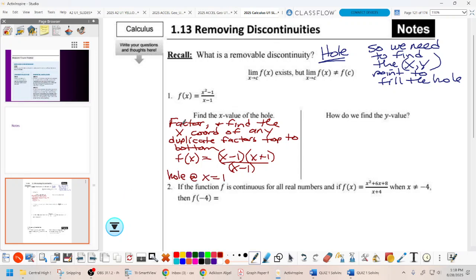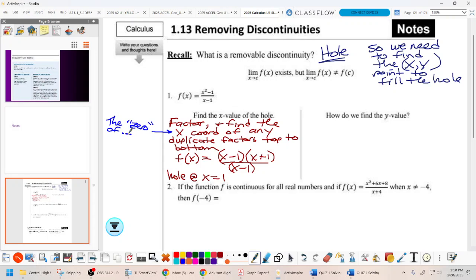Now I didn't write in here, I said find the x coordinates. But really what I'm saying is the 0 of the duplicate factor, right? So I might clarify that over here. Set it equal to 0 and solve.